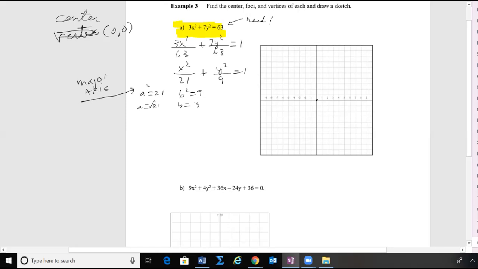Okay, so when we put our vertices on here, A is root 21, which is about 4.6, I think.